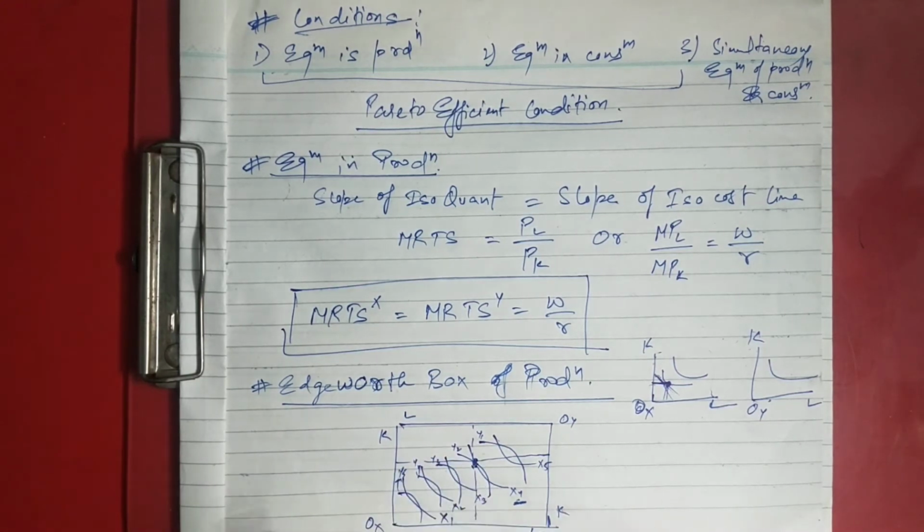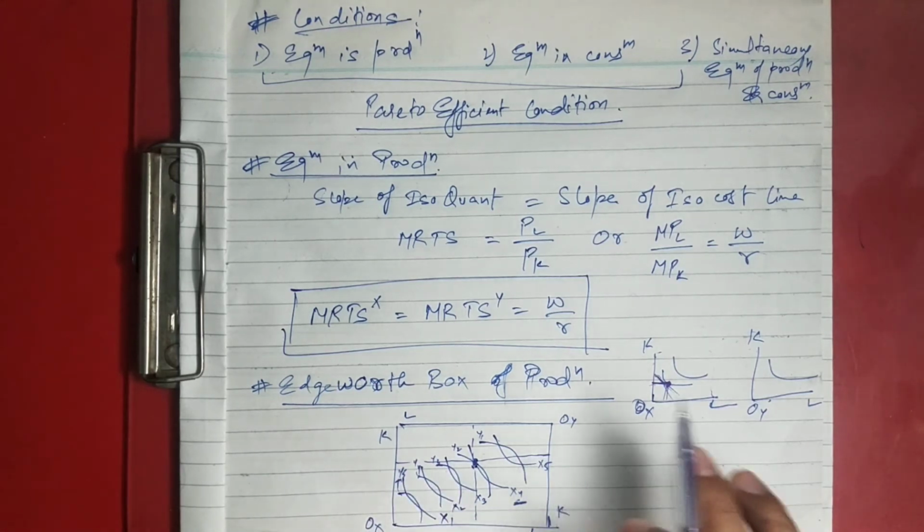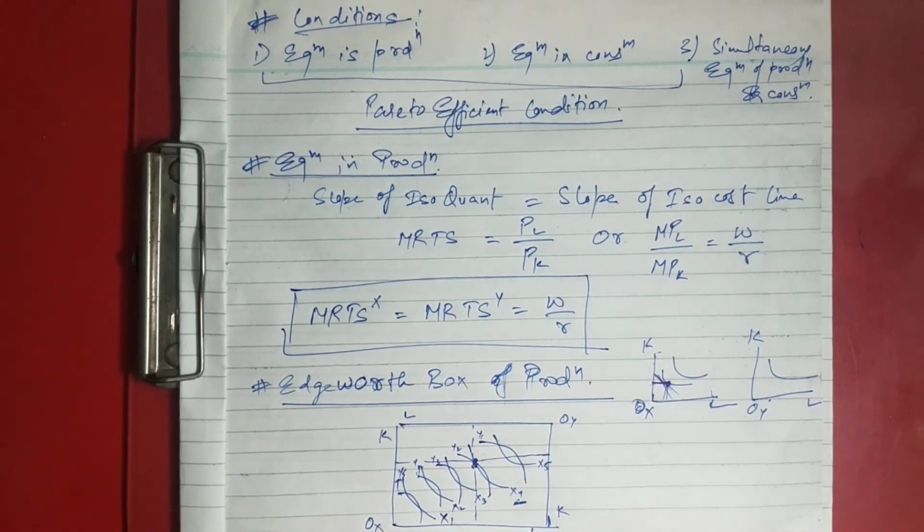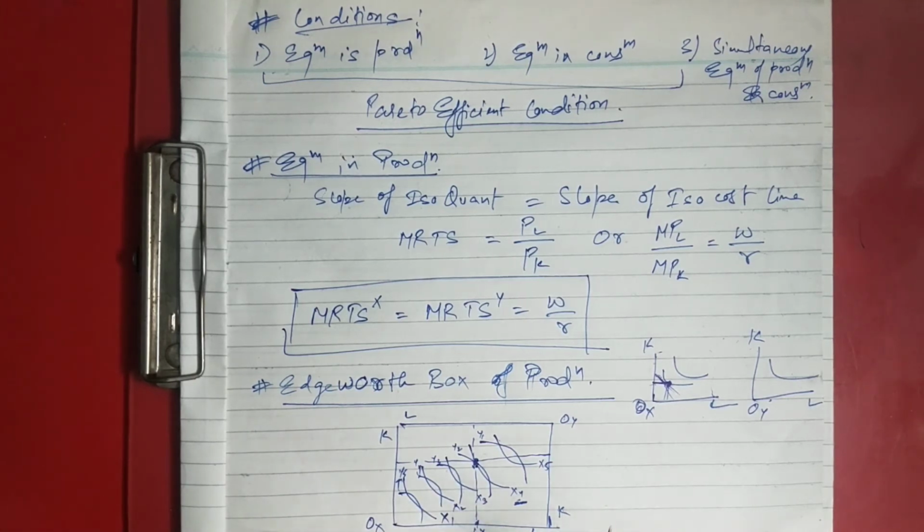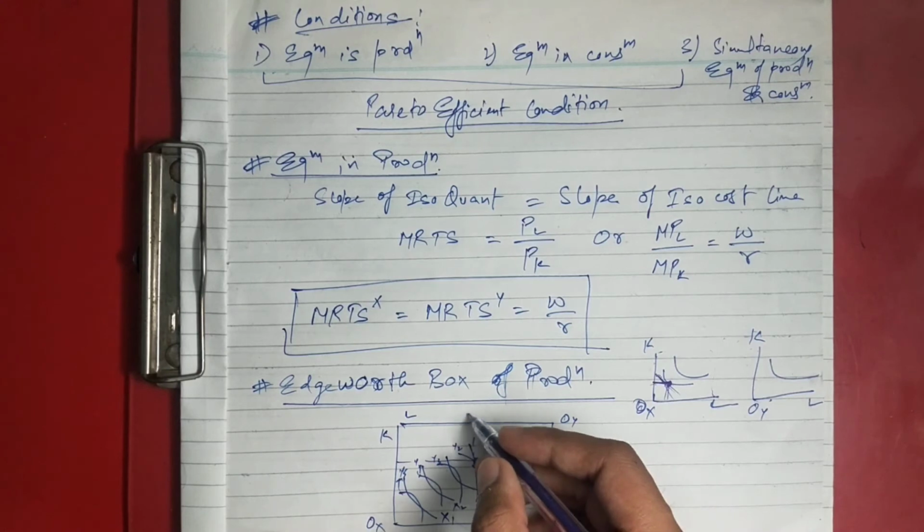Okay. Third is the quantity of labor used in production of good X. So this will be the point LX. You know the quantity of labor used in production of good X, the total good being X4. And fourth is the quantity of labor used in production of good Y, which will be here.